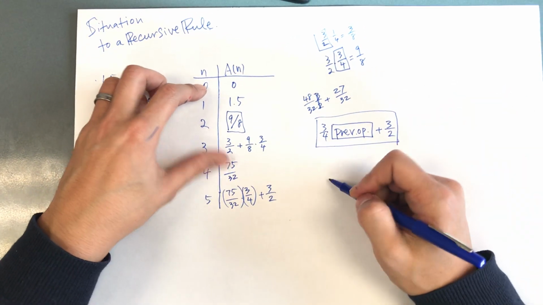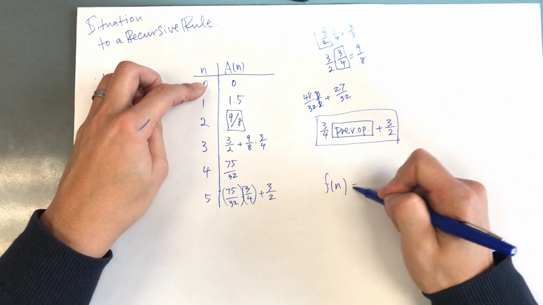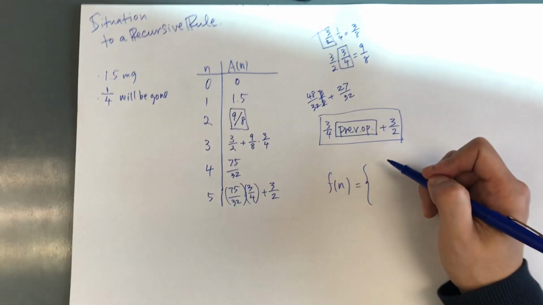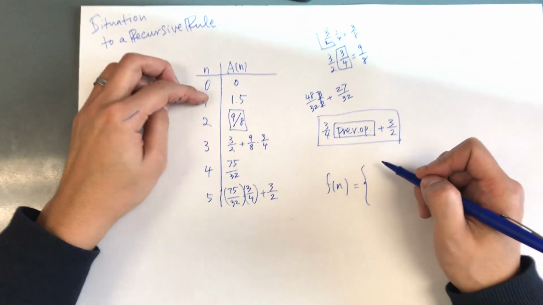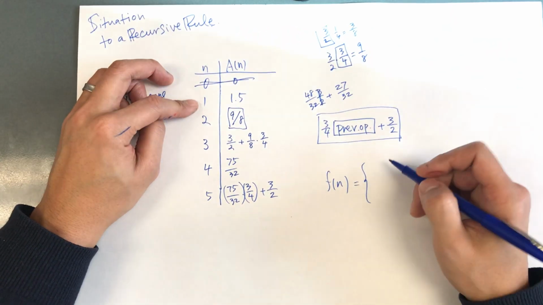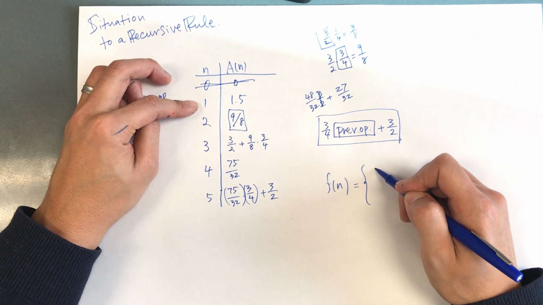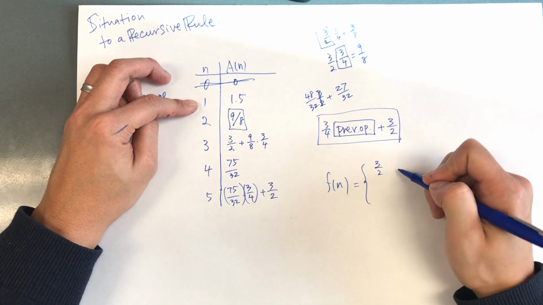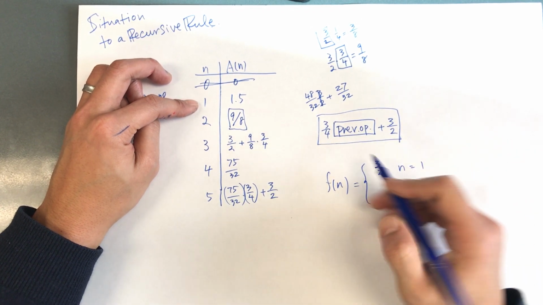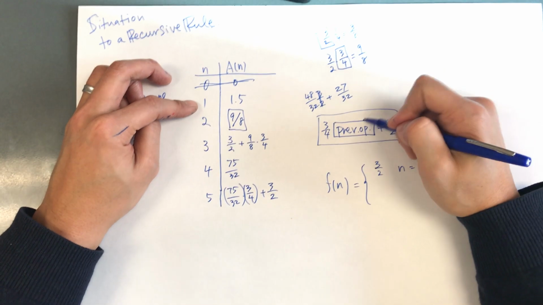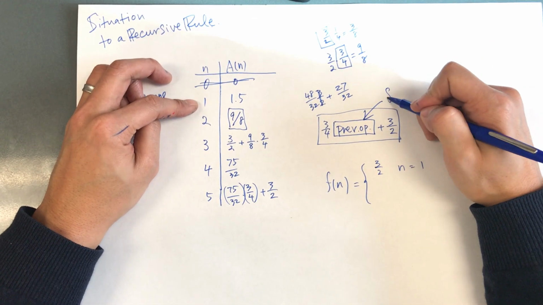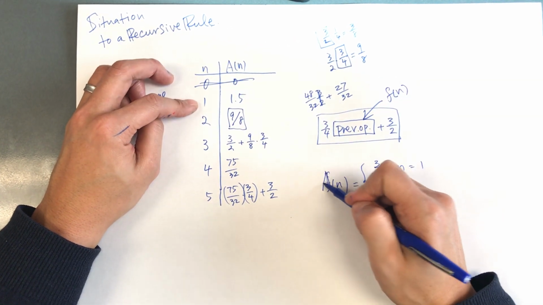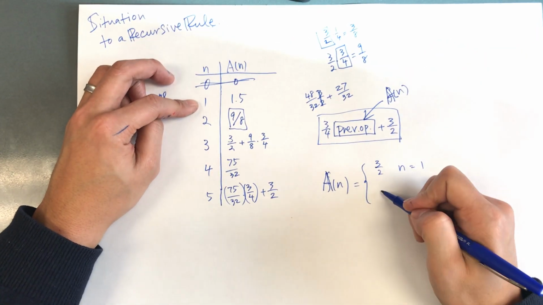So the initial value, f of n, is going to be, well, let's start it out here. The table doesn't have to start from here. First day, it's going to be 1.5, 3/2, right? If n is 1, and what are we doing here, right? Do you remember the notation for the previous output? That's f of n. Actually, in this case, it's a of n because we decided to use a of n.